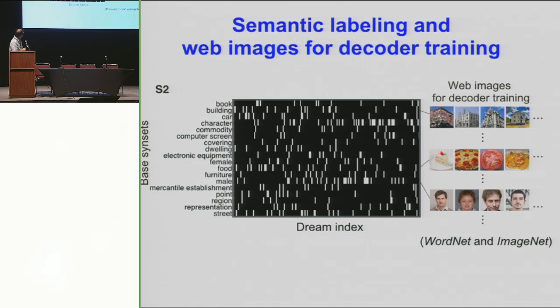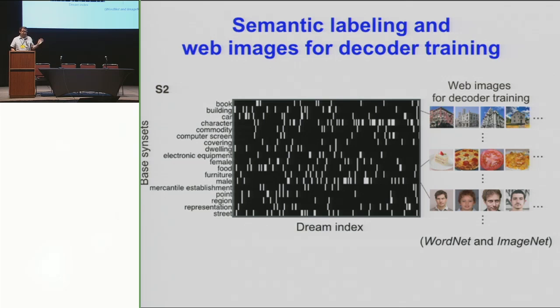And using these object categories, we collected natural images depicting each category. We used ImageNet, which is tightly linked to WordNet. ImageNet is now very heavily used by computer vision scientists.